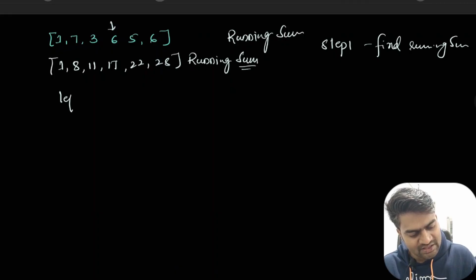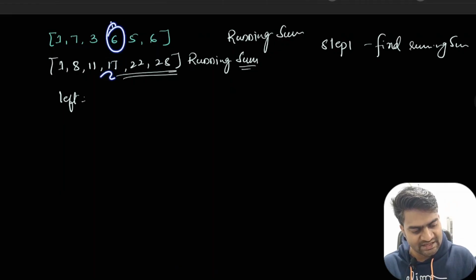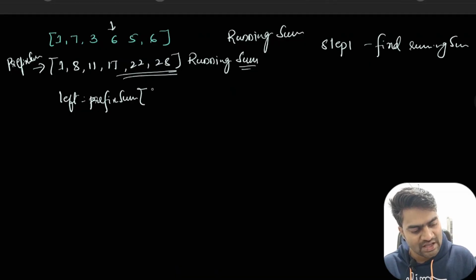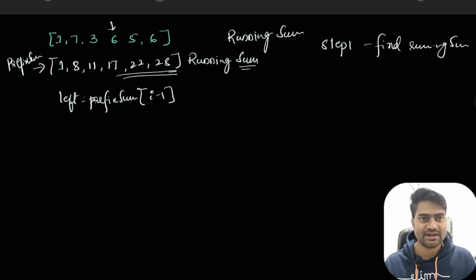Left will be this particular array with one index less. If I am standing here, then I need to take this number. So if I consider this as the prefix sum array, left is going to be prefix sum of I minus 1, correct, right?